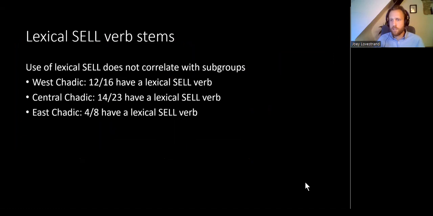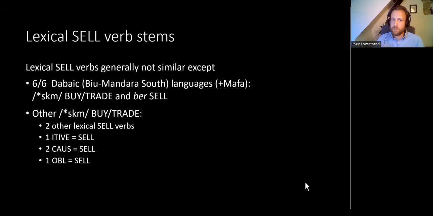What we have seen already in the maps is that the use of a lexical sell stem, or the choice of using a particular verb stem to express sell versus derivations or other strategies, this doesn't correlate with different subgroups across Chadic languages. And so it's not really a predictor of genetic relationships. In other words, it seems to have innovated multiple times and potentially be a recent innovation in some cases.